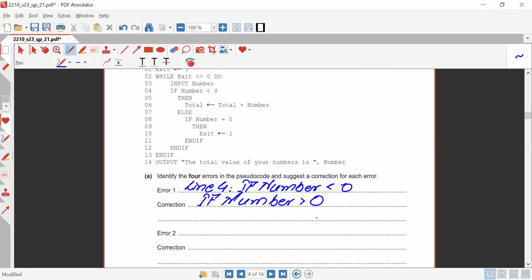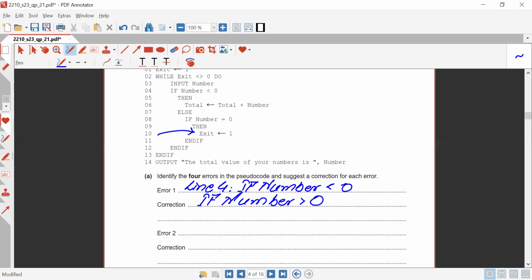Now for error number 2, what is error number 2? So let's see. Line number 5 says then, line number 6 says total will be total plus number, that's fine. Else if number is equal to 0, then exit will be 1. At line number 10, they are saying exit will be 1 if the number is equal to 0.